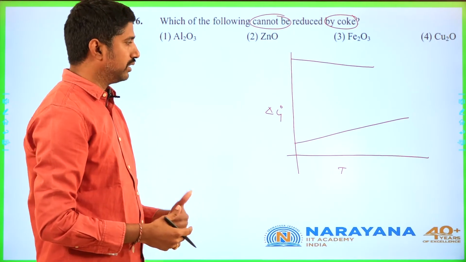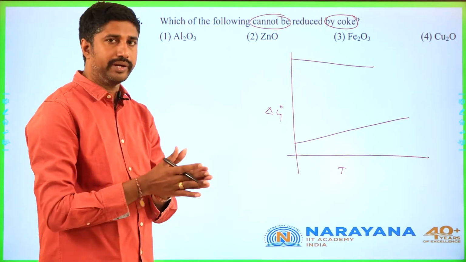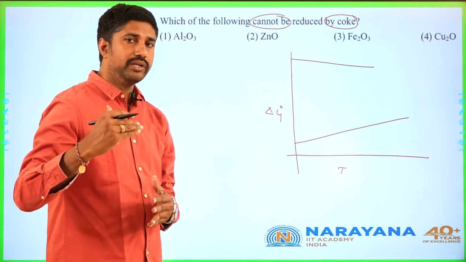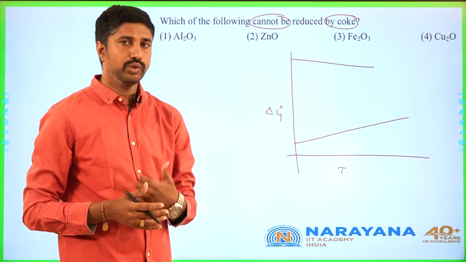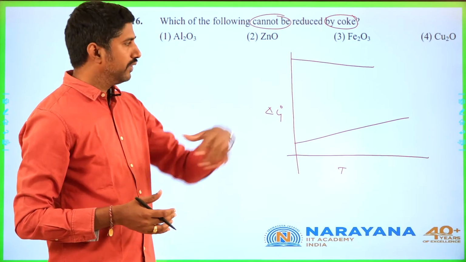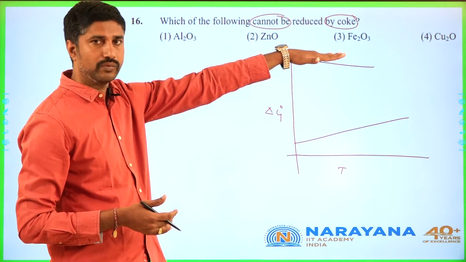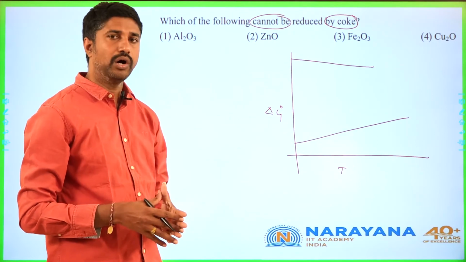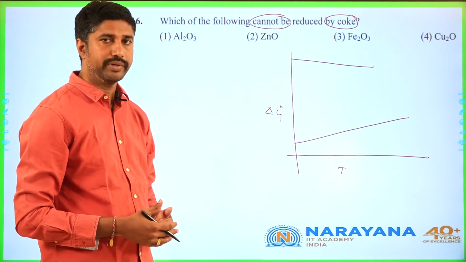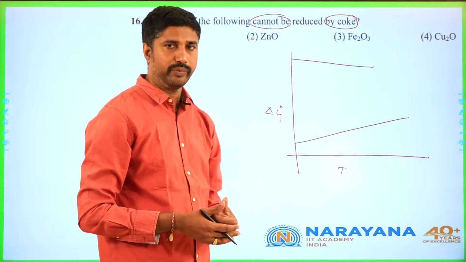So at a particular temperature, which material can be reduced by the given material? You can answer with simple logic: the upper oxide can be reduced by the lower metal or element in the Ellingham diagram sequence.